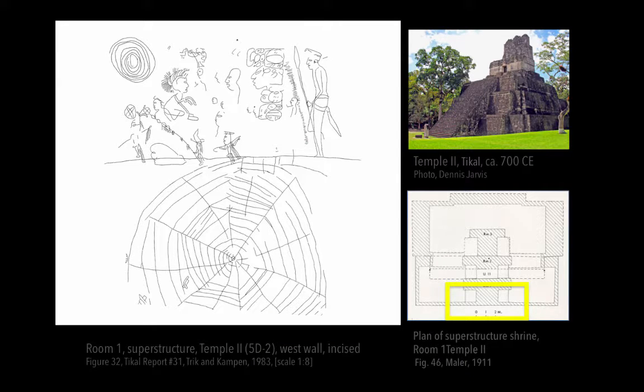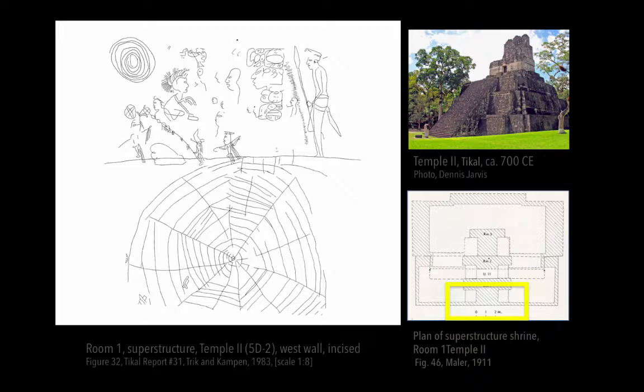Another example of a graffiti nature from the Central Acropolis, the Central Plaza of Tikal, comes from the building directly in front of Temple 1, which is where Lintel 3 is located.